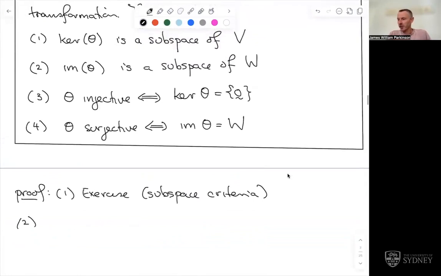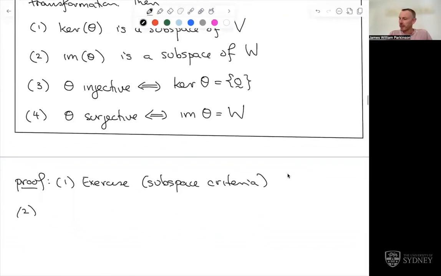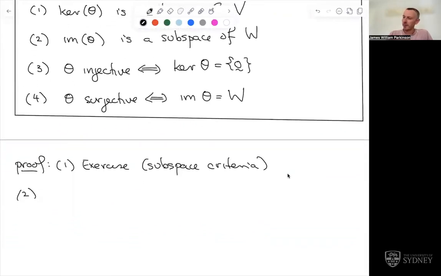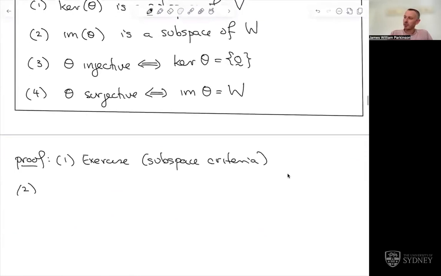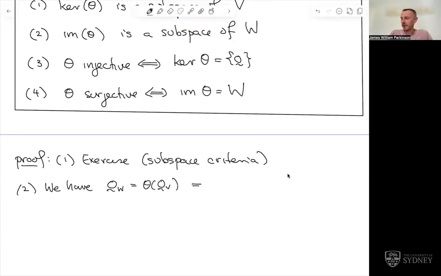For the first one, to show that the kernel is a subspace, let me leave that one as an exercise, and you can do that using the subspace criteria. But let's prove properly that the image is a subspace of W. First of all, we have the zero in there, which we proved earlier: 0 of W is theta of 0 of V, and so the zero vector is certainly in our image.